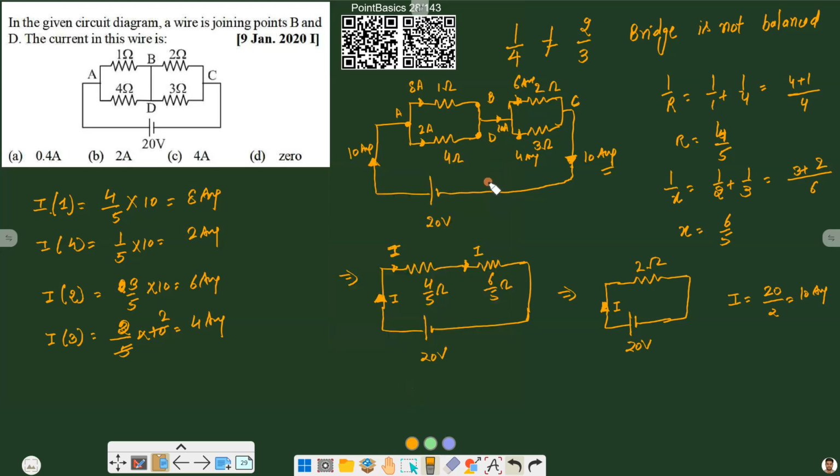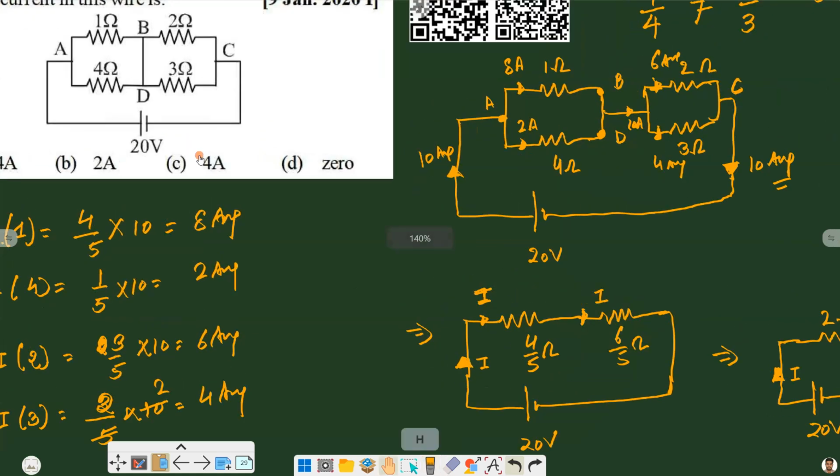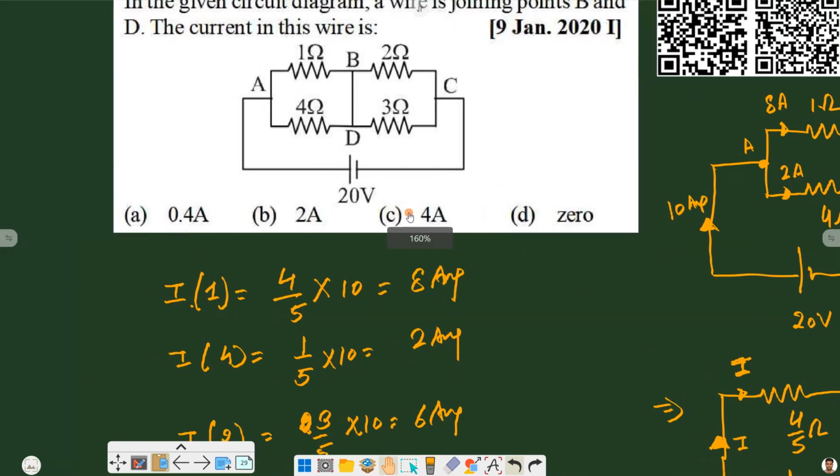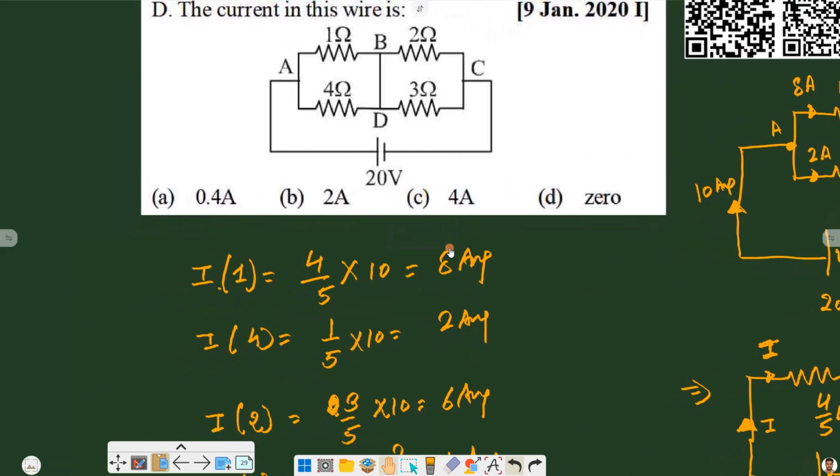Now let's zoom this circuit slightly, the original circuit, so that we can write the values. So yes, I think this color will be okay.